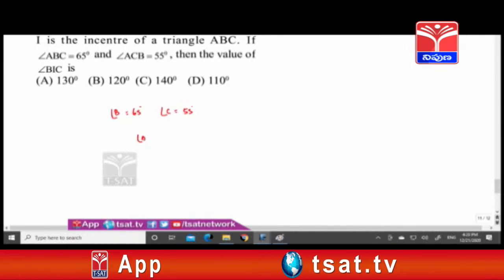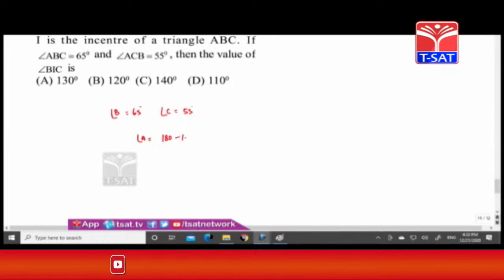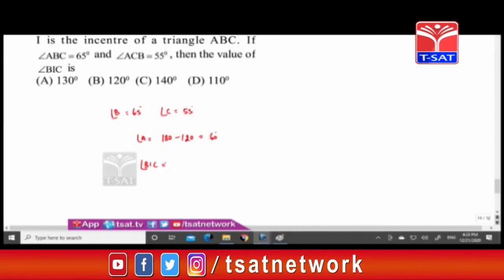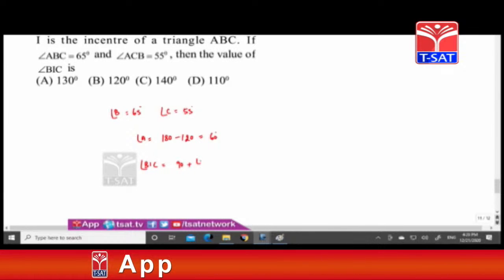Therefore angle A is 180 minus 120, which is equal to 60 degrees. Angle BIC is equal to 90 plus angle A by 2, which is 90 plus 30, 120 degrees.